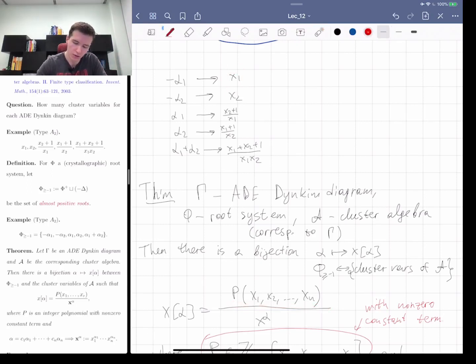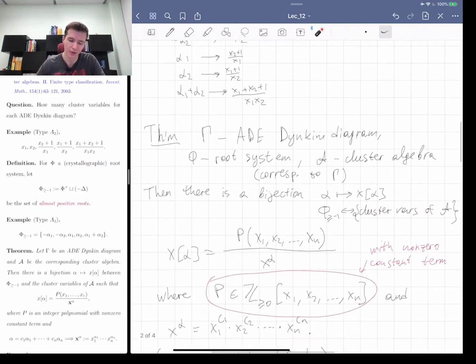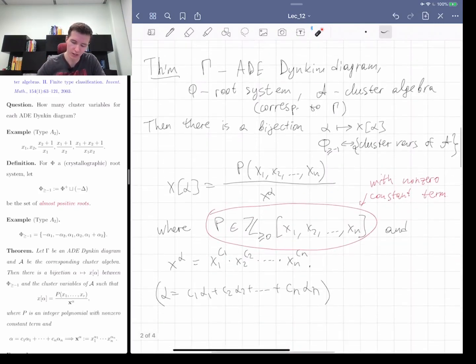Right, so x1 is equal to 1 over x1 inverse, where p has non-zero constant term, and then the denominator is a Laurent monomial. So it's allowed to have negative degrees. And the only way that's going to happen is, just for your initial cluster, you're going to have these.